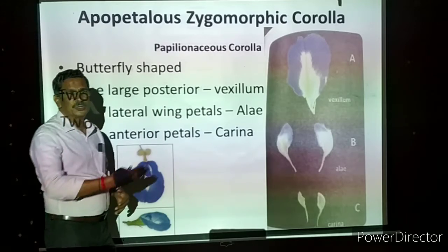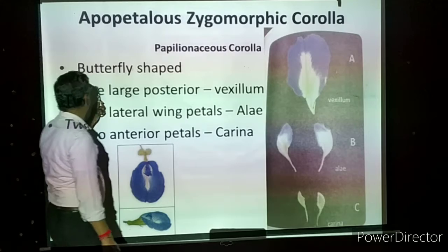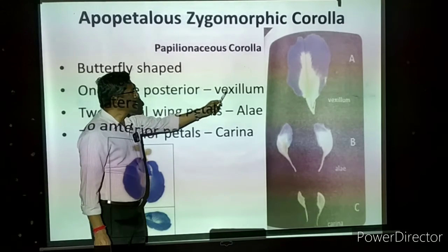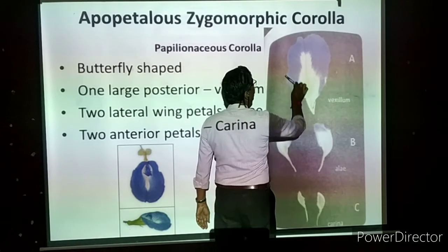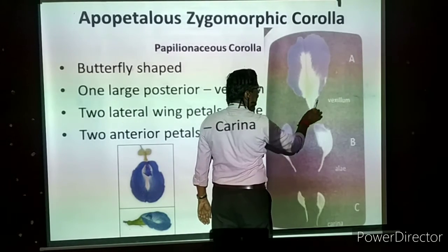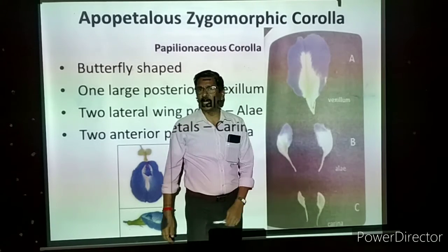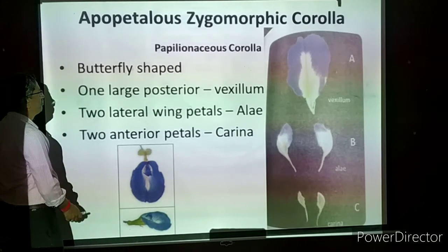So upper side is posterior, lower side is anterior. Now you come to this point. One large posterior petal is called a vexillum. Posterior means the upper side. Here one very large petal is there. This large petal is posterior and it is also called a vexillum.